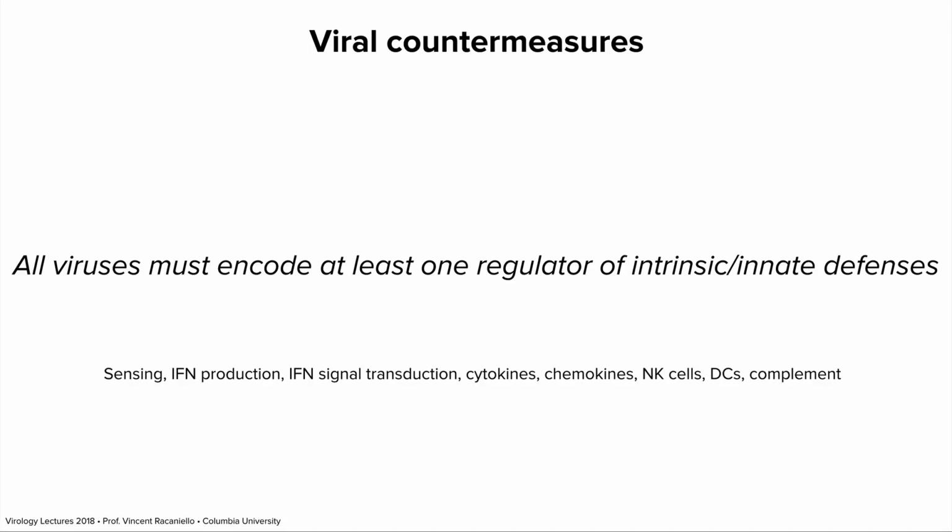They interfere with sensing of viral products, the production of interferon, transduction occurring after binding of interferon to receptors, cytokines and chemokines, their production and their signaling. They can interfere with NK cell killing, they can interfere with dendritic cell function, and they can interfere with complement. Every step of the way, viruses interfere with intrinsic and innate defenses, and you'll see next time when we talk about adaptive defenses, they interfere with that as well.